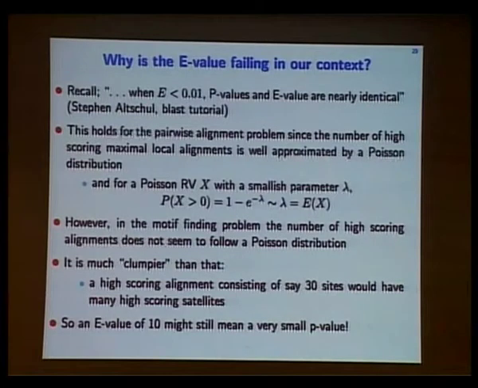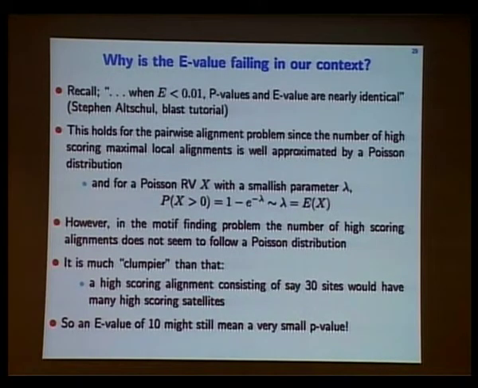If you change just one of those sites with some other site chosen from the same sequence, and if that sequence is long enough, you probably still have something which scores very high. So once you get a high-scoring alignment, all the aunts and uncles of this alignment come in and join together because they're also very high scoring. That's what I mean by clumpier.